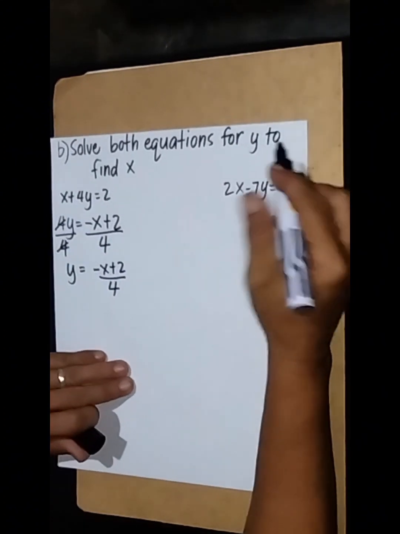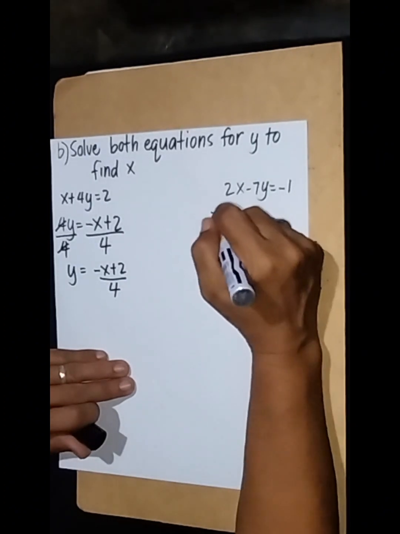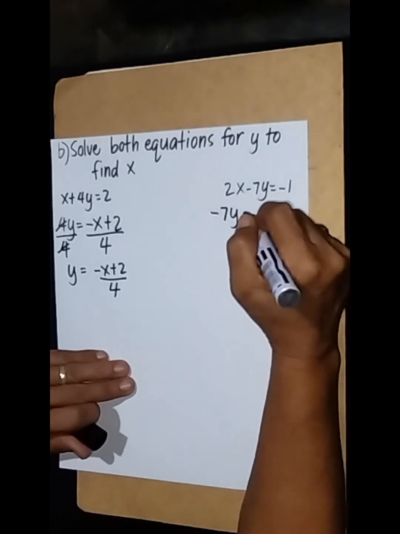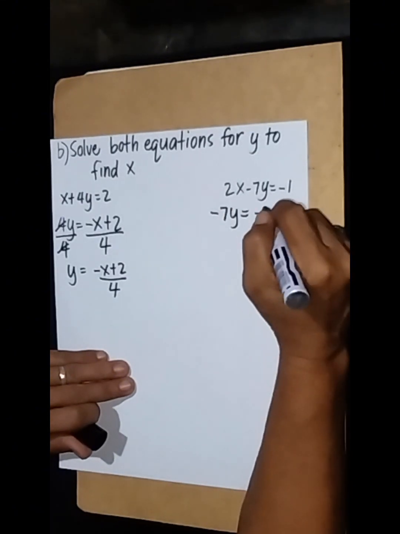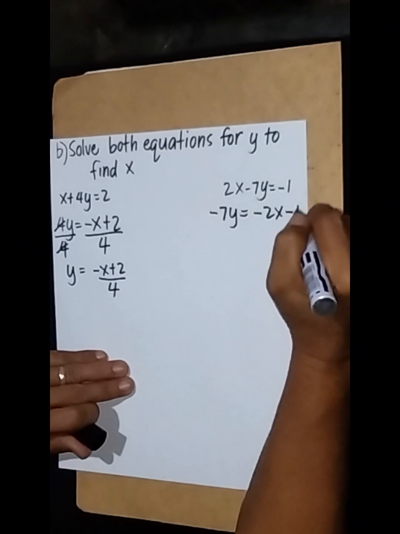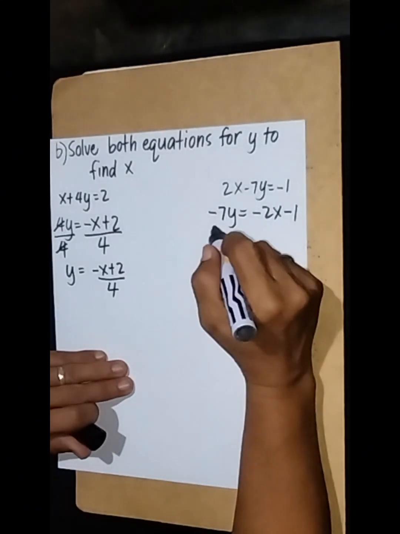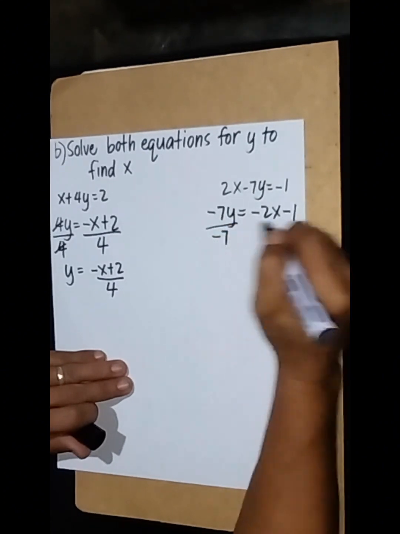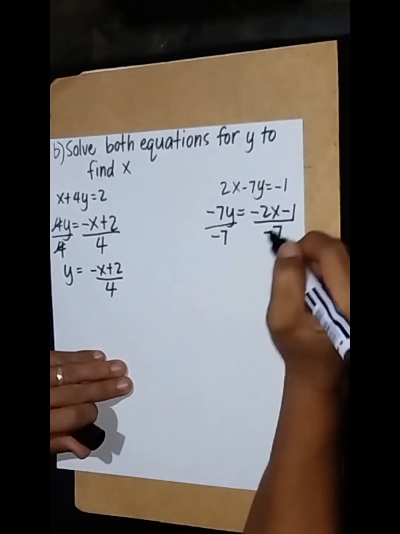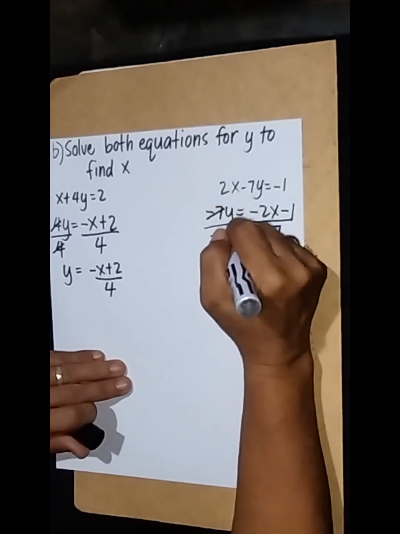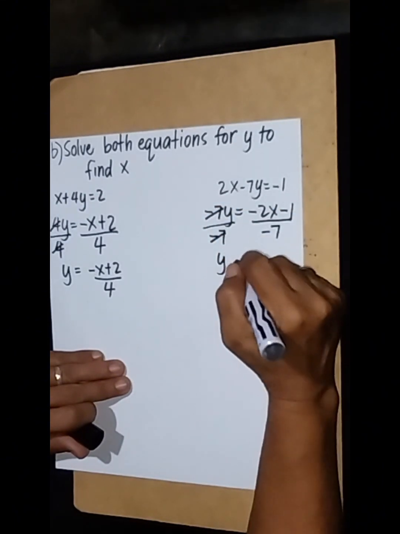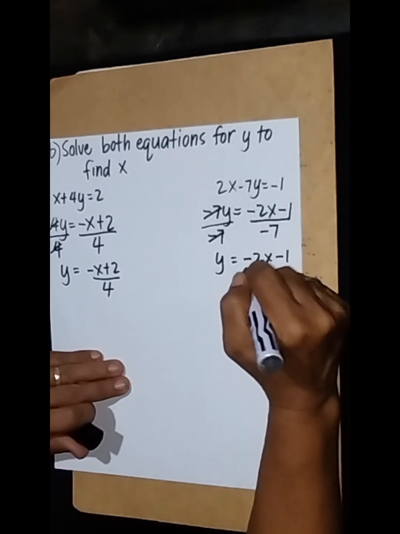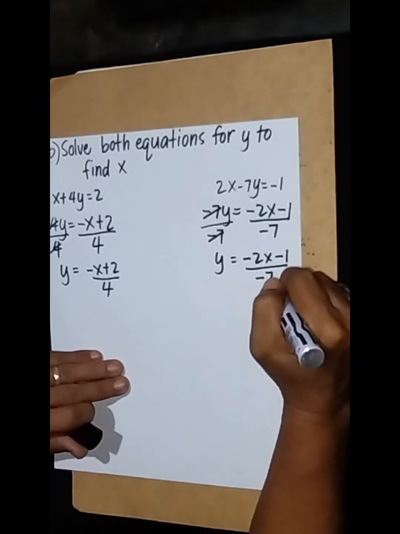Ito po tayo sa second equation. We have negative 7y. Lipat po natin ang 2x. So, magiging negative na po siya dito sa right side. 2x minus 1. So, para magiging 1y ito or y, i-divide natin both sides by negative 7. So, cancel. 1y or y is equal to negative 2x minus 1 over negative 7.